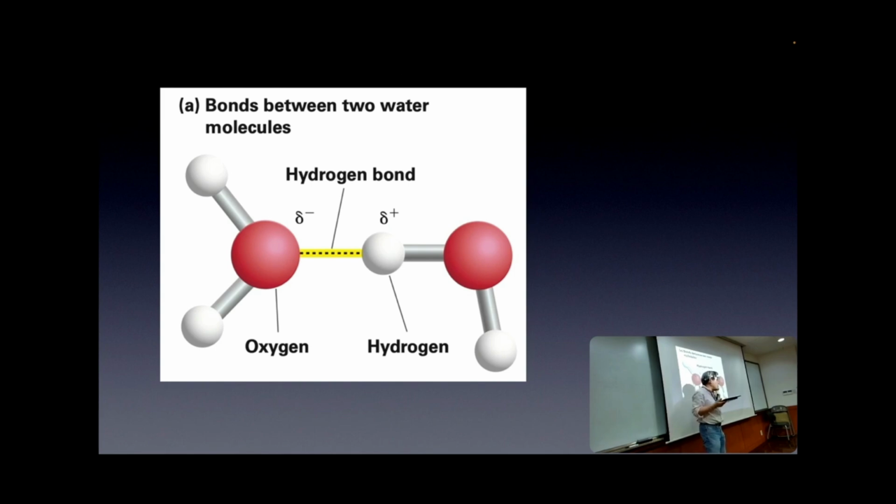In biology, you only have to worry about two of these. Either oxygen or what's the other one that is also electronegative? Nitrogen. So if hydrogen has a covalent bond with oxygen, then you automatically think, oh, this poor guy is going to have a hydrogen bond with somebody else.